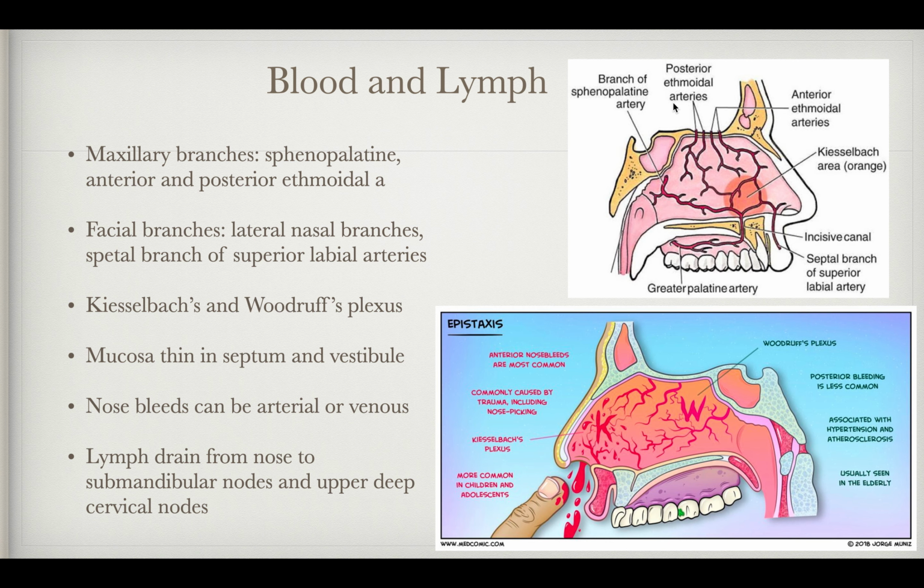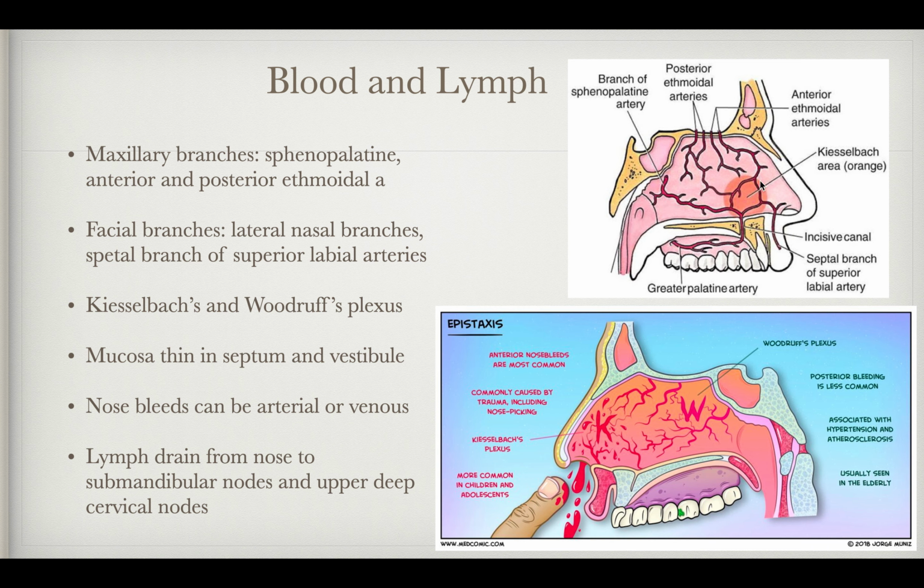So they anastomose in 2 places, in Kesselbach's and Woodruff's plexus. So Kesselbach's is right here, where part of the septal branch of the superior labial artery, along with the anterior ethmoid and the sphenopalatine will anastomose right here.